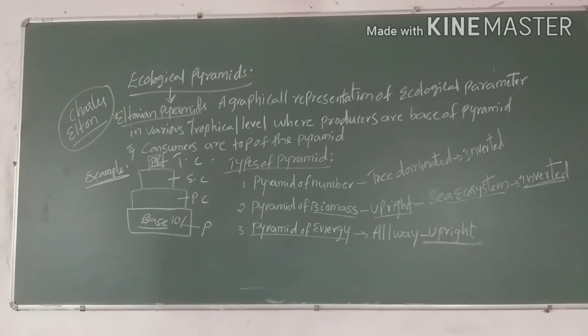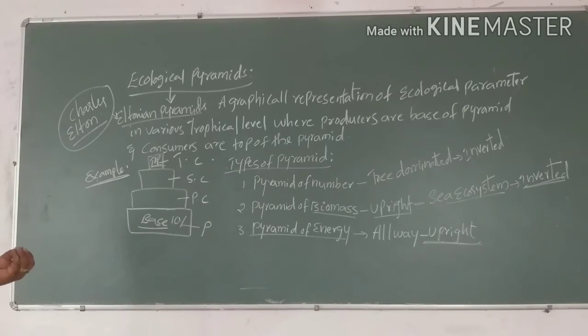Species which are present in one trophic level can occupy a different trophic level. For example, a sparrow is a primary consumer that eats fruits, seeds and peas, but as a secondary consumer it also eats insects and worms.